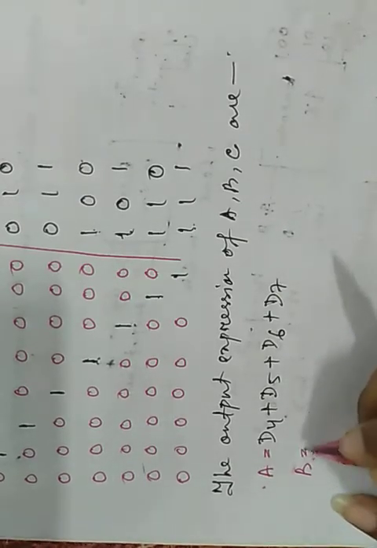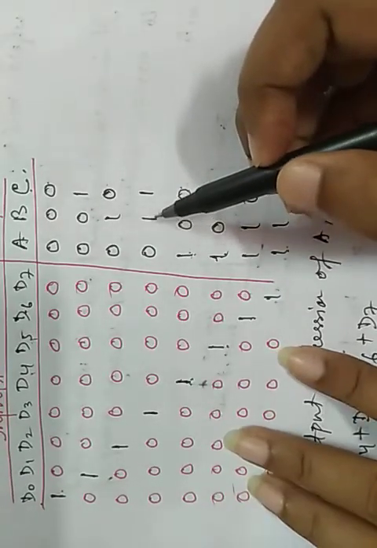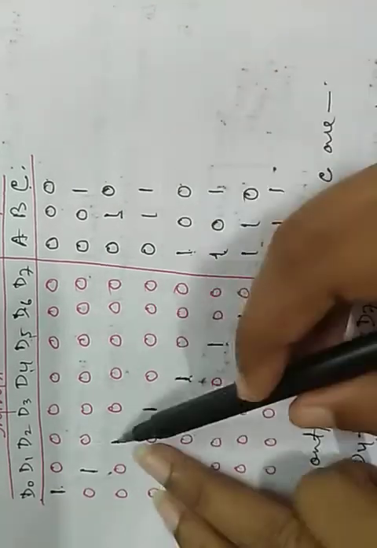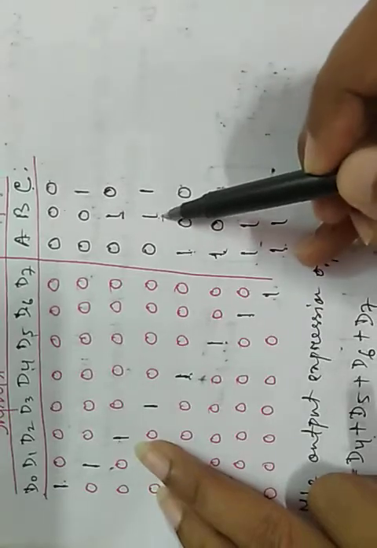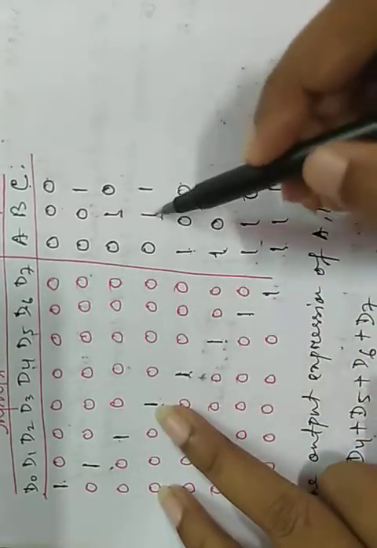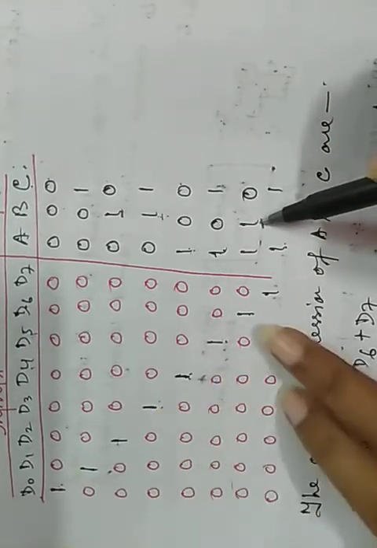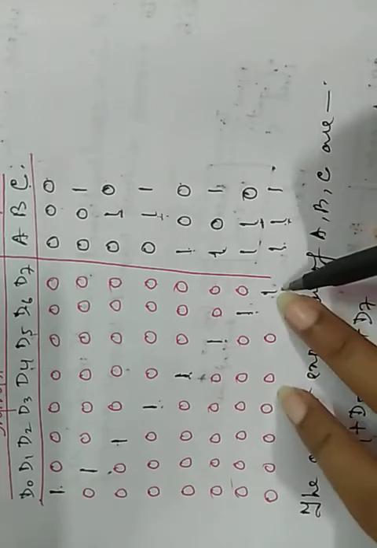For B, this one means D2 is 1, this one means D3 is 1, that means D2 plus D3, and the others, this one is 1 which means D6, and this one means D7.